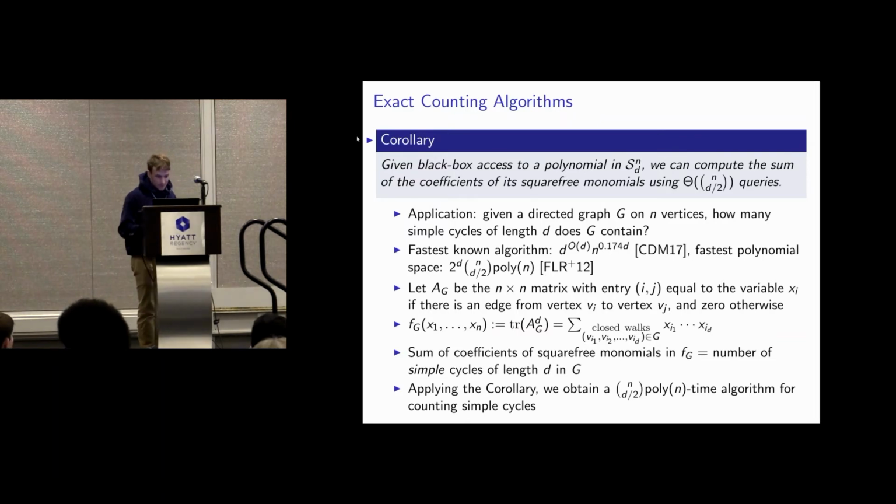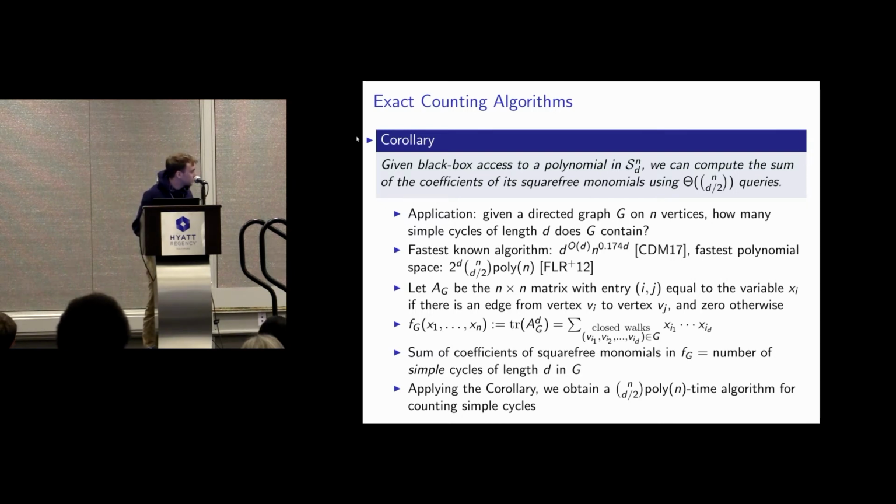So in particular, for every simple cycle, we have a square-free monomial. And so the sum of the coefficients of the square-free monomials in this polynomial is just equal to the number of simple cycles of length d. And by applying this corollary, we get an algorithm running in time n choose d over 2 poly n for this problem, and polynomial space even.